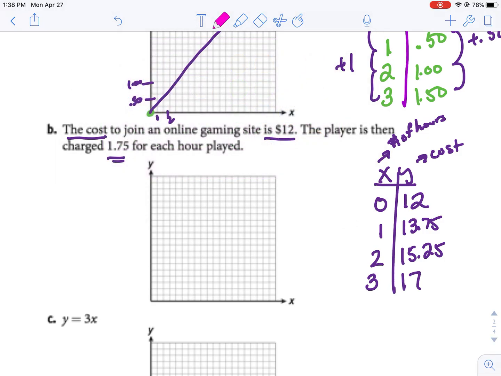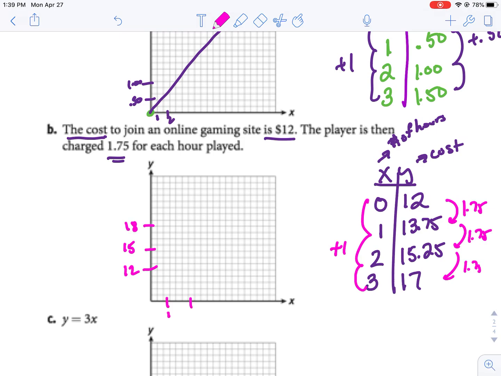Okay, so again, this does have a constant rate of change because every time we had to add $1.75, and each of the hours was going up by 1. So again, we could number these if we wanted to. We could say 12 is right here, and then maybe this is $15 and $18, and then we'll do 1 hour, 2 hours, 3 hours down at the bottom.